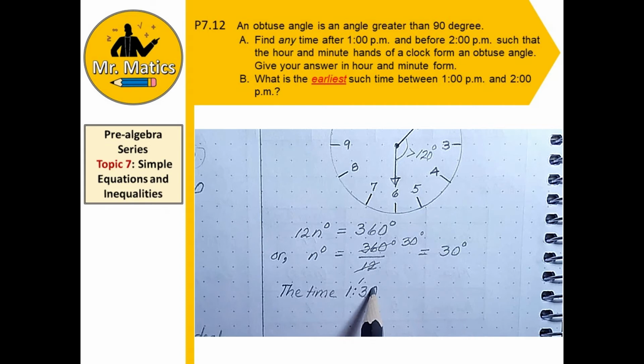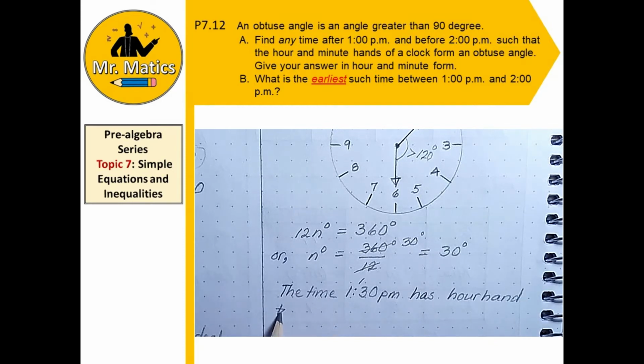At 1:30 p.m., the hour hand to minute hand angle is more than 90 degrees, or obtuse.